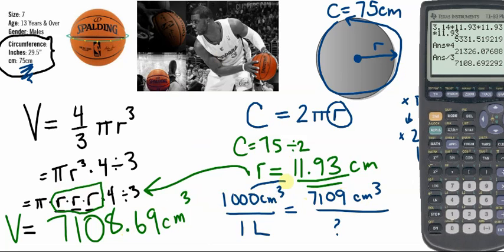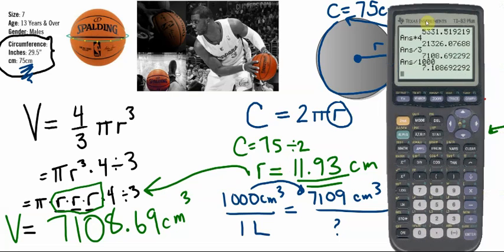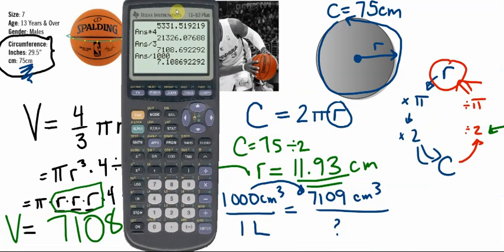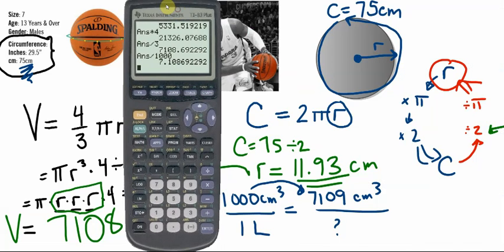Well, we've got to figure out how to go from 1,000 to 7,109. Every time we do this, we're going from a smaller number to a larger one. We can always take the larger number divided by the smaller number, so divide by 1,000. And to get from 1,000 to 7,109 is times 7.1.